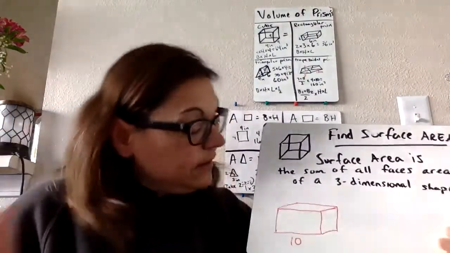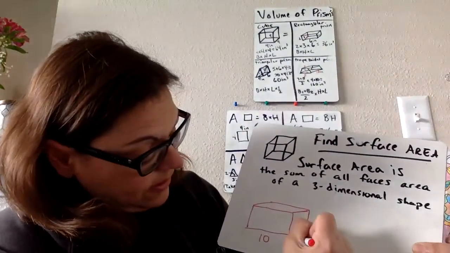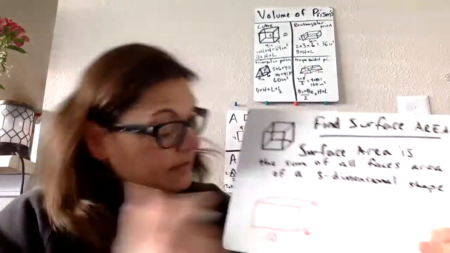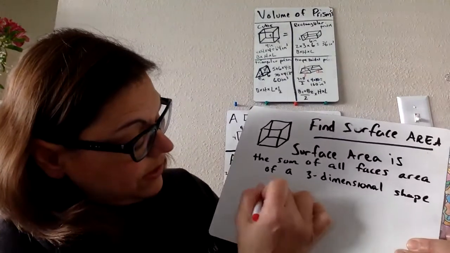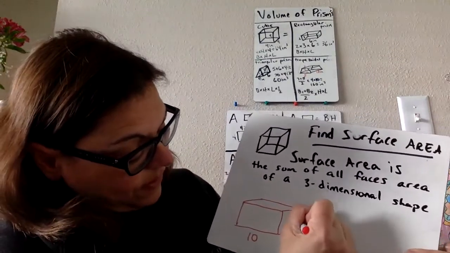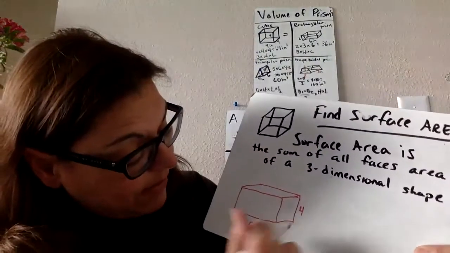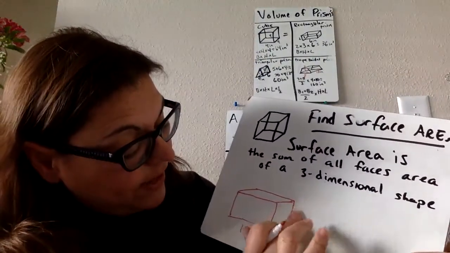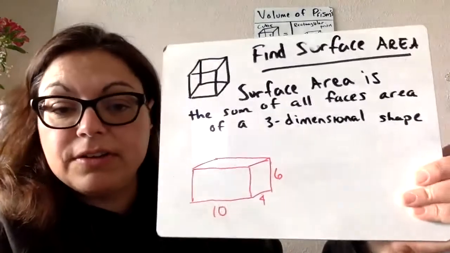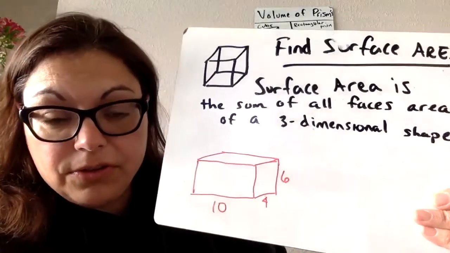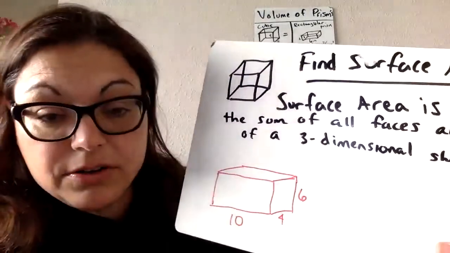It looks like it's 6 inches in its length, and I'd say it's only about 4 inches tall. I know it doesn't look right. Maybe we should switch that. How about we do 4, so it kind of looks like it's right to us. 4 and 6, okay? So there's our dimensions.